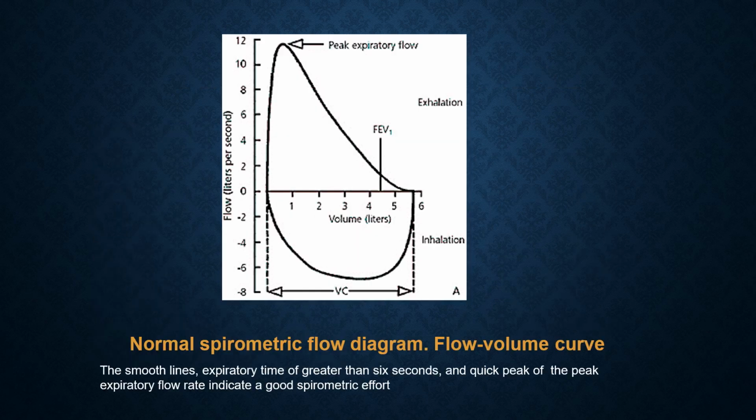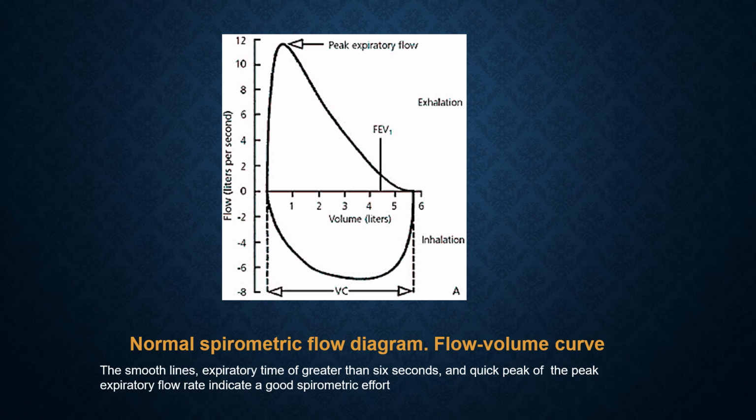Again in this picture, it is showing the normal spirometric flow diagram, otherwise flow volume curve. The smooth lines, expiratory time of greater than 6 seconds and the quick peak of the peak expiratory flow rate indicate a good spirometry effort. Here it is the peak expiratory flow. This upper curve is during expiration and the lower curve is during inspiration.